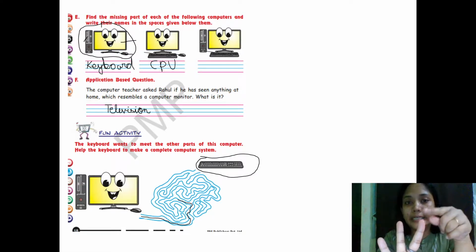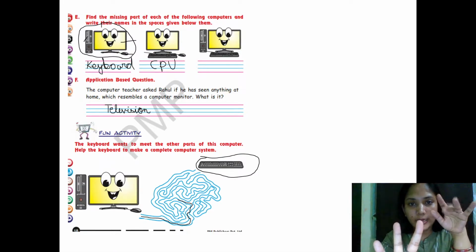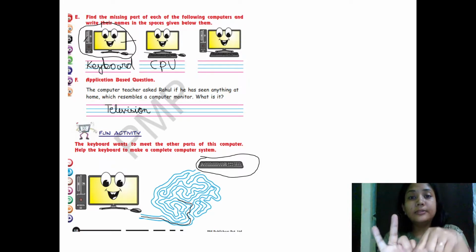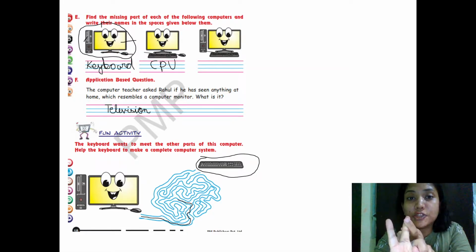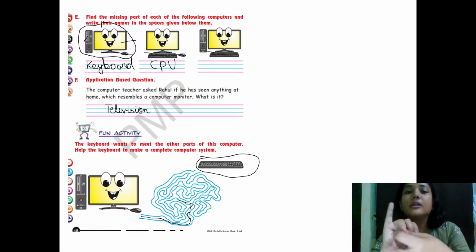The keyboard has buttons called keys and it is used to type words and numbers. Third is the CPU. The CPU is the brain of the computer and it makes calculations.